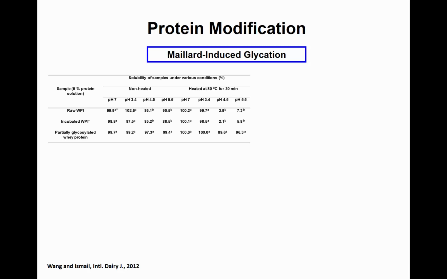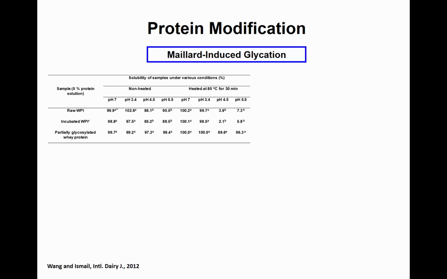And we proved it experimentally when we looked at whey protein and glycated. This should read glycated, not glycosylated. So glycated whey protein, heated at pH 4.5 and 5.5. The whey protein that is not modified drops out of solution.